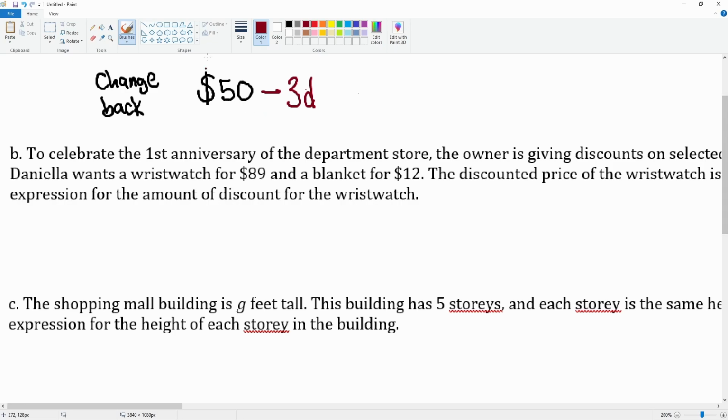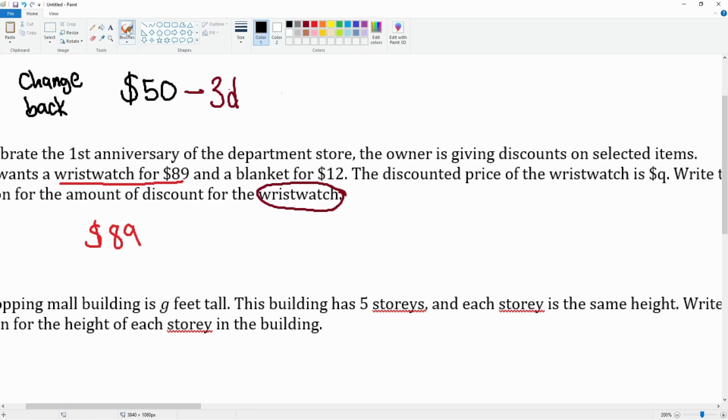Okay, so we want to look for the wristwatch. Let's see, is there any important information? The 1-year anniversary is useless. We know that the wristwatch costs us $89, so we should write that. $89 for the wristwatch. Do we care about the blanket? Not really, so I don't care about the blanket.